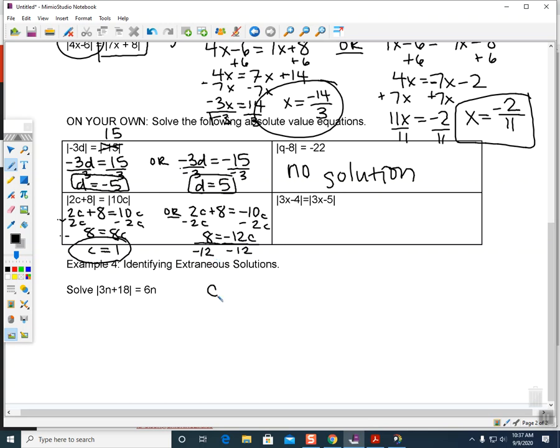Well, I can see by looking at this, 4 goes into 8. 4 also goes into negative 12. 4 goes into 8 2 times. 4 goes into negative 12, it'll be negative 3, right? So c is negative 2/3.